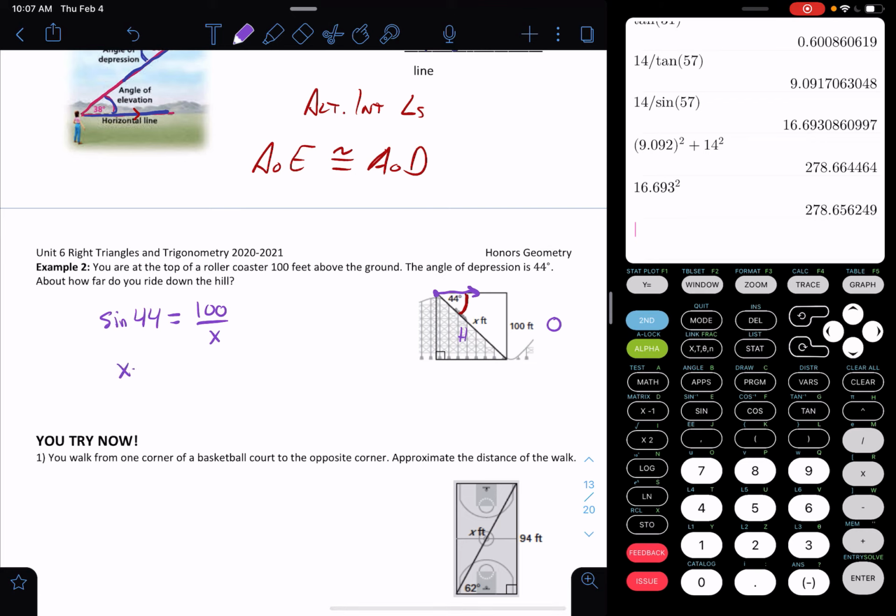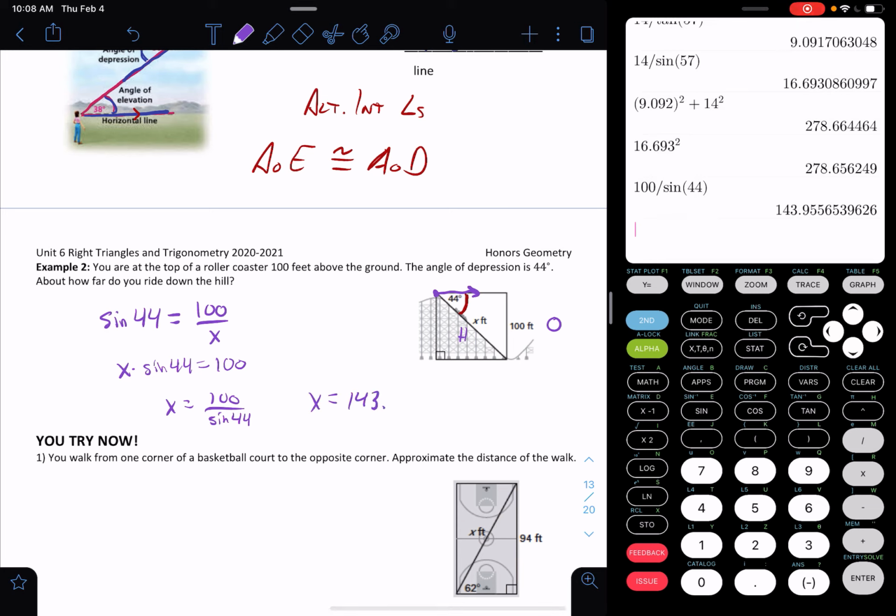So we get x times sine of 44 equals 100. So x equals 100 divided by the sine of 44. Plug that into our calculator. And we'll get x is about 143.957 feet. Which makes sense because the hypotenuse has to be the longest side in a right triangle. So that's greater than 100.